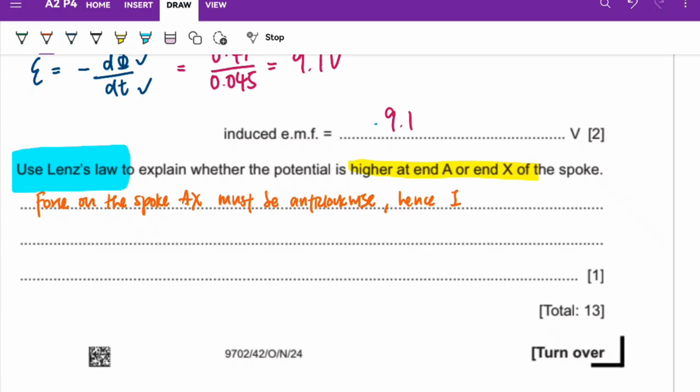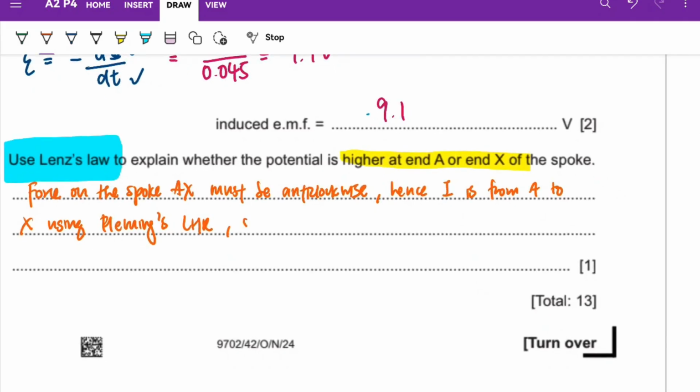I means current is from A to X using Fleming's left-hand rule. So X is at a higher potential.